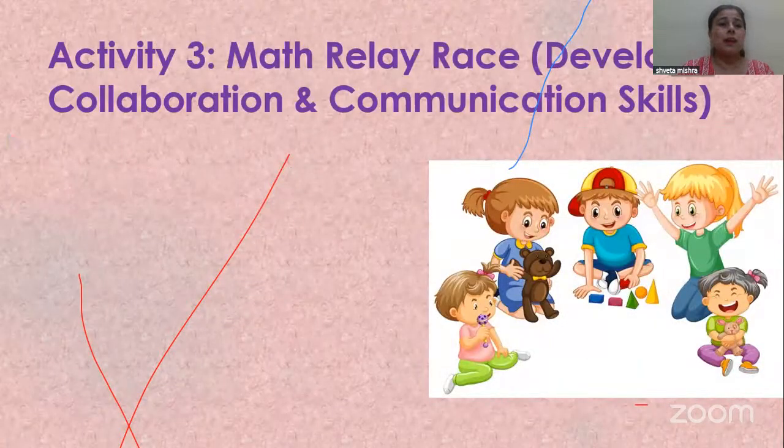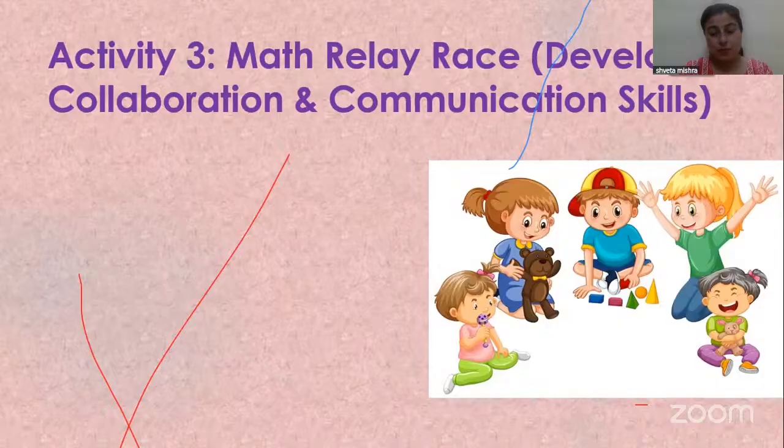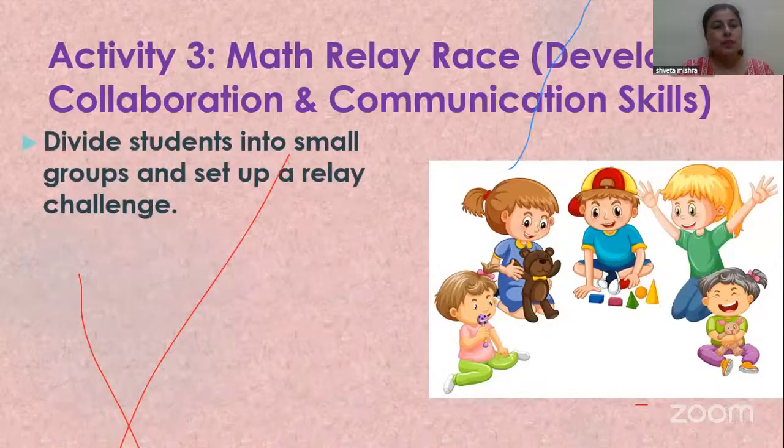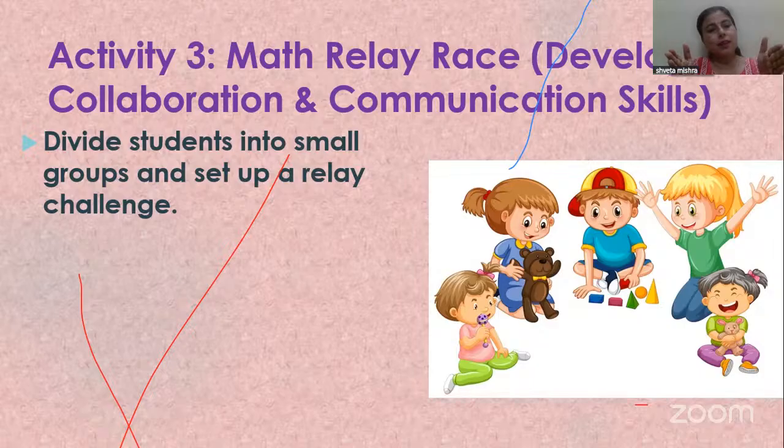Another example of an activity is a maths relay race. This we can do probably in all the classes, depending on the kind of math problem we want to give. How? Divide the students into small groups and set up a relay race challenge. For example, one set of students standing on the start position, another set standing some footsteps ahead, and so on.